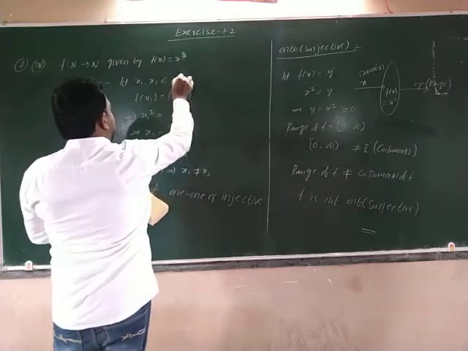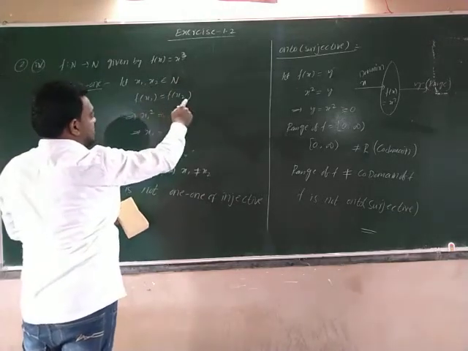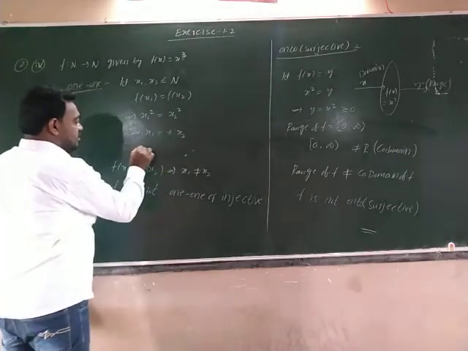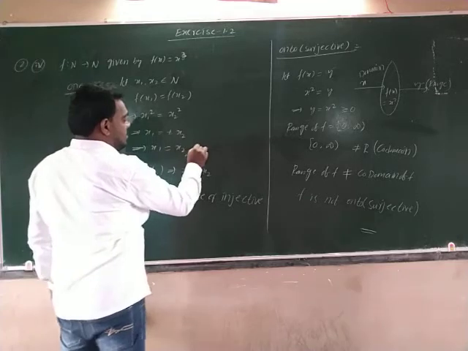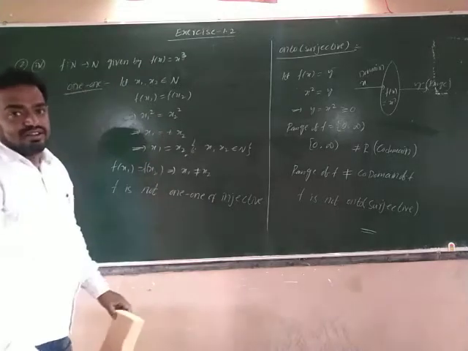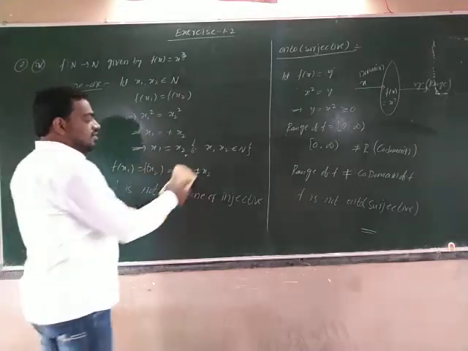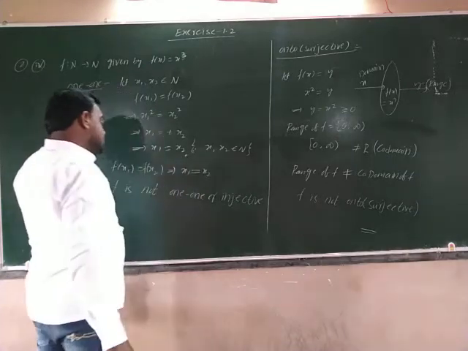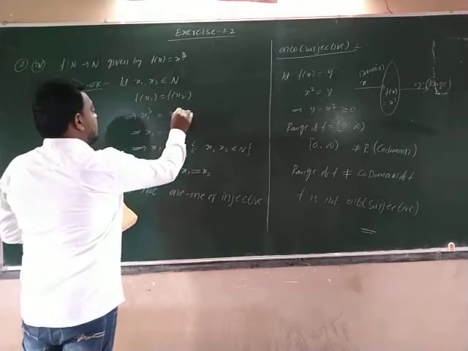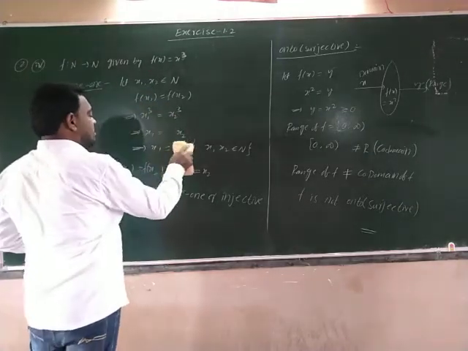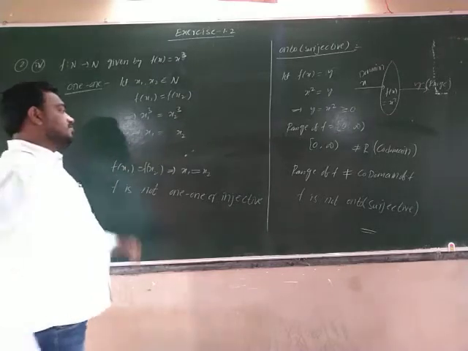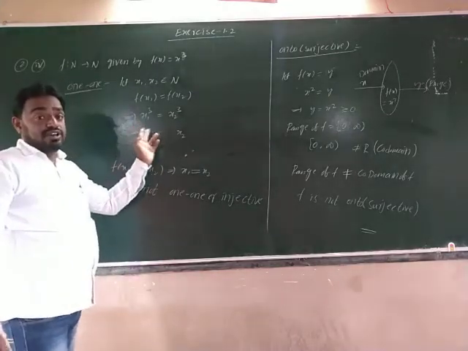Here we take x1, x2 in N. f of x1 equal to f of x2 means x1 cube equal to x2 cube. Taking the cube root on both sides, we are not getting even plus or minus here. So x1 equal to x2 only, because x1, x2 belong to only positives. The negative case doesn't exist here.